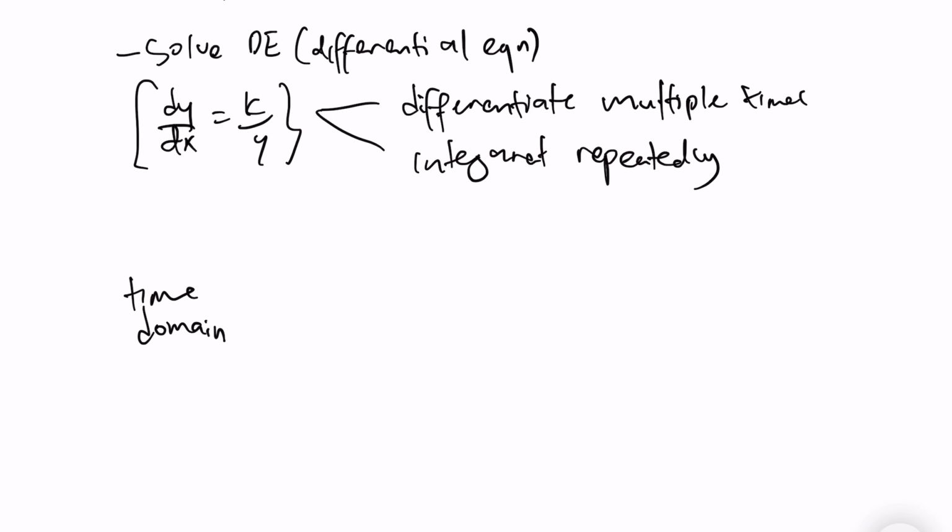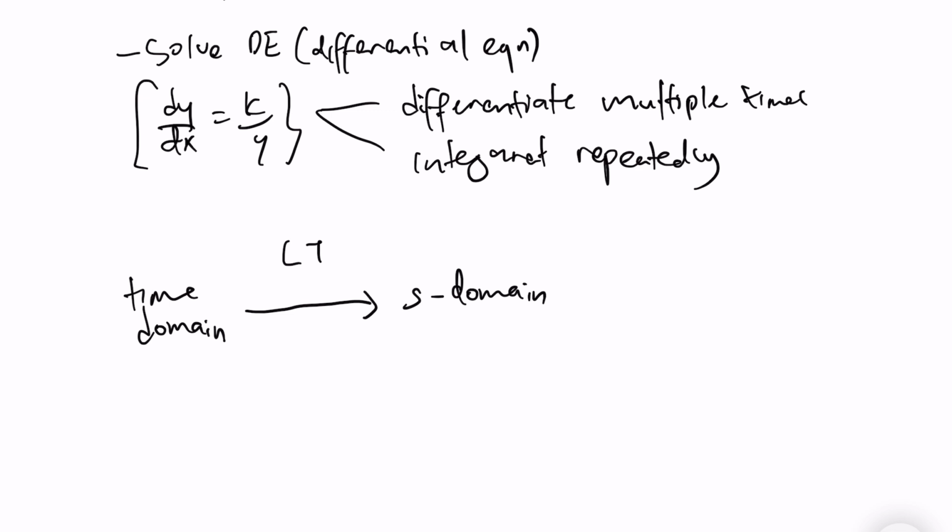You know that the current moves with time, it changes with time. Also voltage or displacement, into a new function that we call the S domain. So the function of the Laplace transform is to convert a time domain function into the frequency domain, or we call it the S domain, or frequency domain.